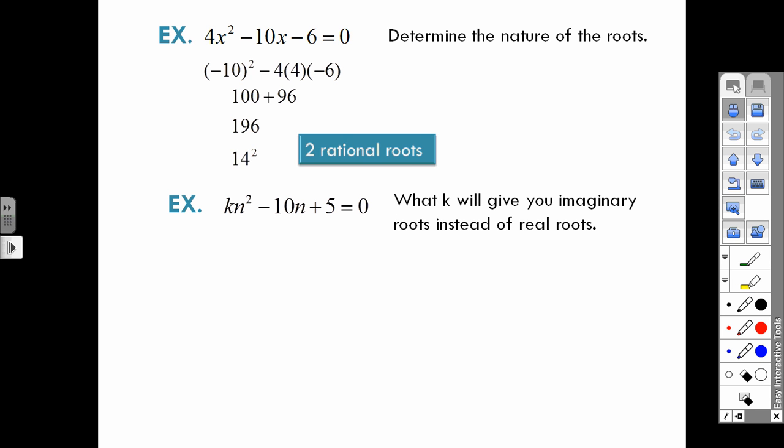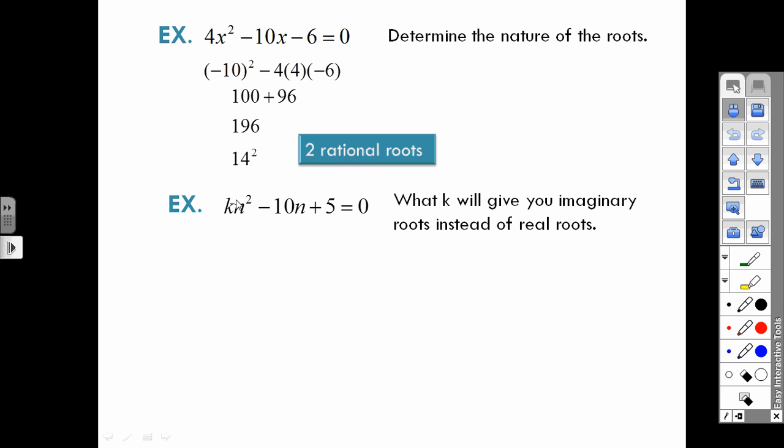All right, another type of problem that we could do is if they give us a quadratic equation, but k is substituted in there for one of the parameters of a, b, or c, they'll ask you what values of k would you need in order to get a certain type or number of roots. So in this case, what k will give you imaginary roots instead of real roots?